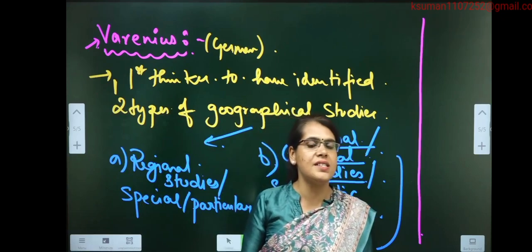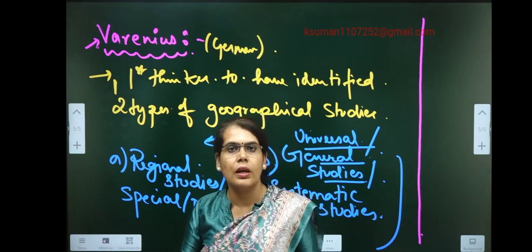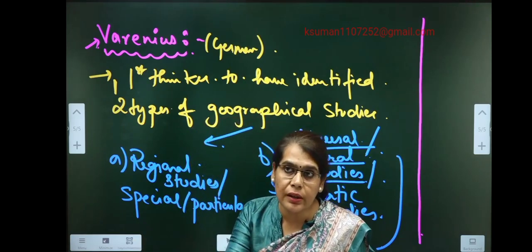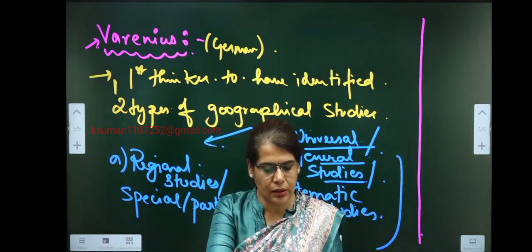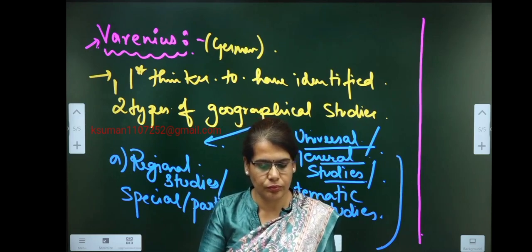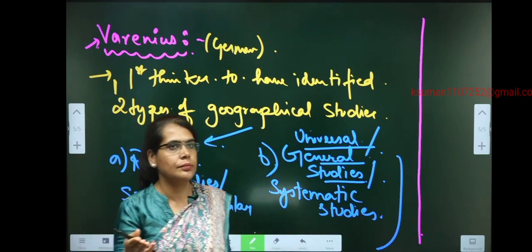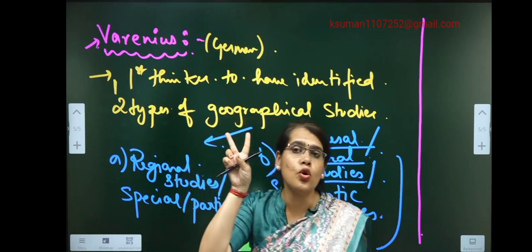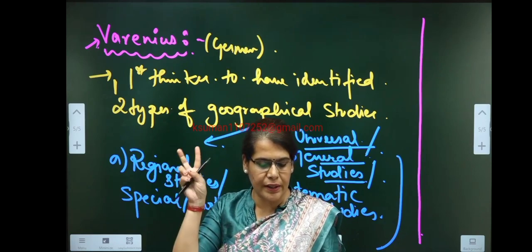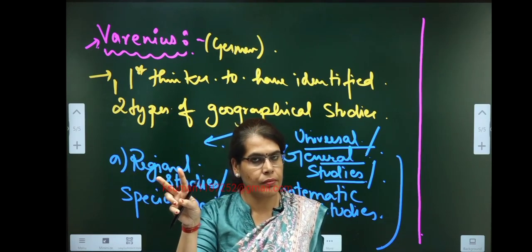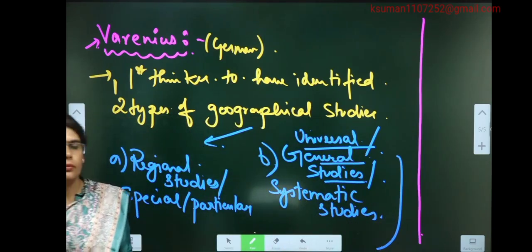Write down, Varenius divided the geographical studies into particular or universal. Hence, he identified the two different types of geographical studies. I hope you remember the second question.